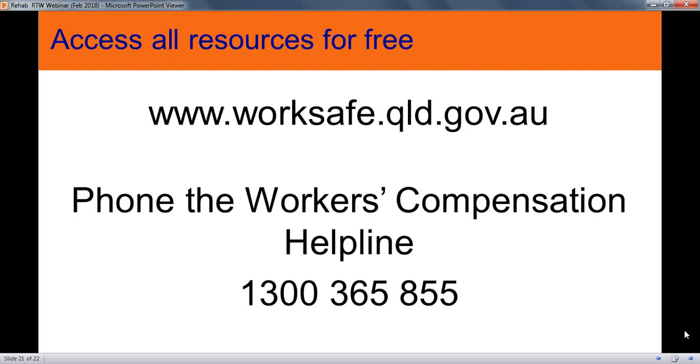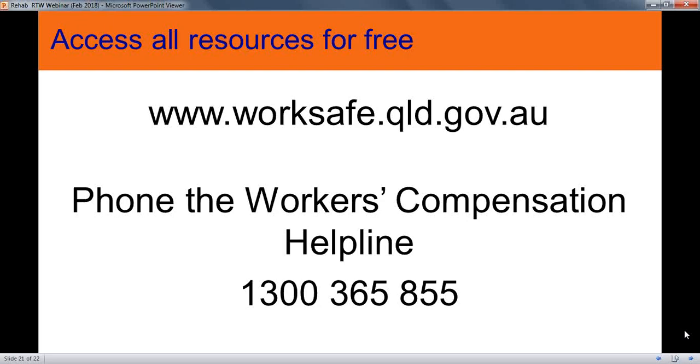And really, I go back to a comment earlier about employees staying connected with the workplace, and sadly the figures show that where employees with longer term injuries or illnesses go on host employment, it's a lot harder for them to get back into work and to return to their pre-injury role.